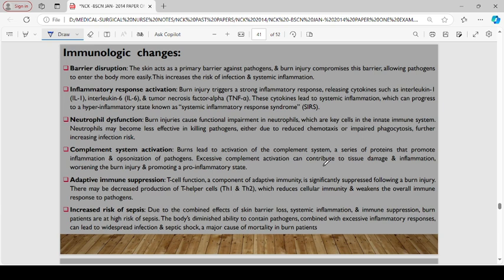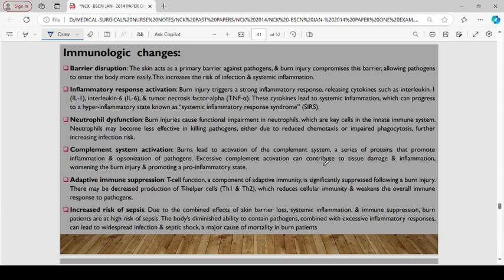Burn injury also triggers a strong inflammatory response, releasing cytokines such as interleukin-1, interleukin-6, and tumor necrosis factor alpha. These cytokines can lead to systemic inflammation, which can progress to a hyper-inflammatory state known as systemic inflammatory response syndrome.